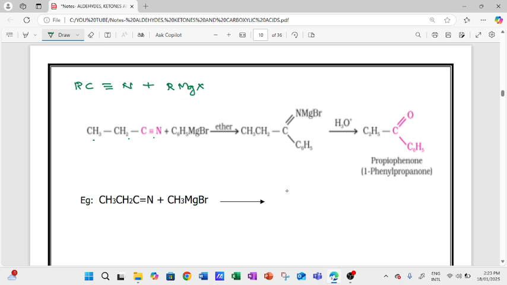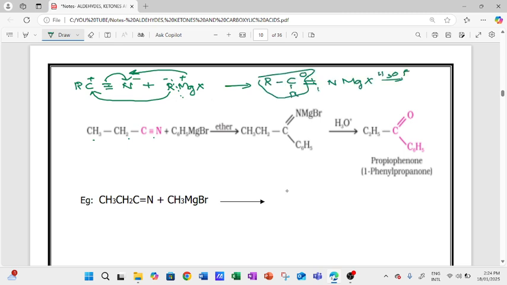The negatively charged alkyl group attaches to the positively charged carbon, and the positively charged magnesium comes to the negatively charged nitrogen. Then the triple bond changes to a double bond, and the nitrogen is attached to MgX. This is the intermediate. When it undergoes hydrolysis, this bond breaks and oxygen is added. So it makes the ketone RCOR.